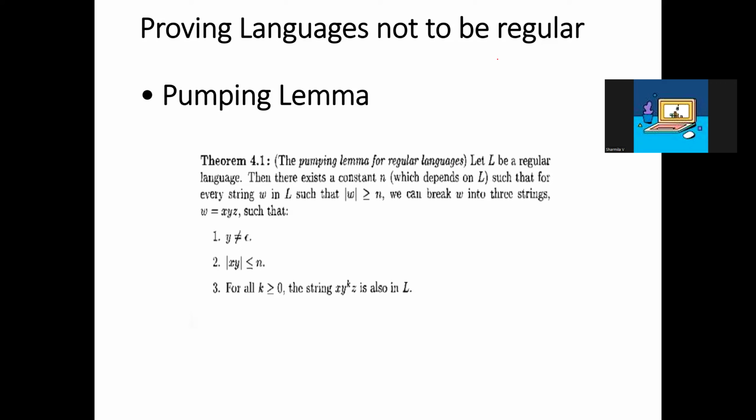In that condition, y is not equal to epsilon, the length of xy is less than or equal to n, and k greater than or equal to 0. The string x y power k z is also present in the language L.